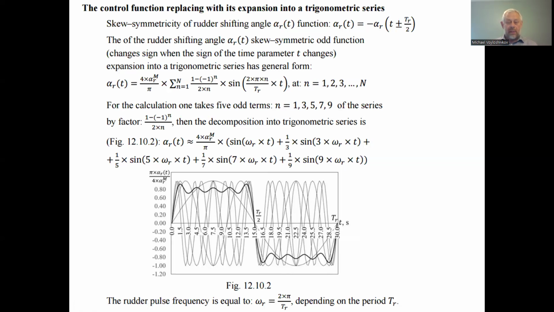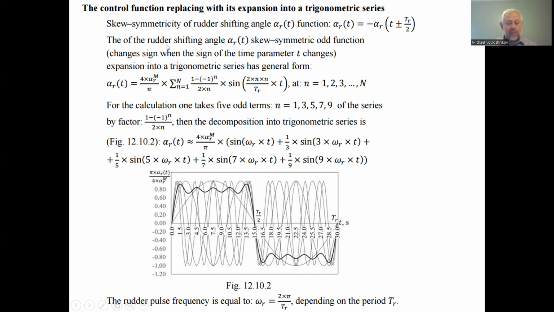What the skew symmetry of the function means is that the function alpha r, the angle of the rudder turn dependence on t, is equal to minus alpha r of t plus or minus the period of the rudder turn, if we consider the periodic turning of the rudder, keeping the ship on a straight line on course.